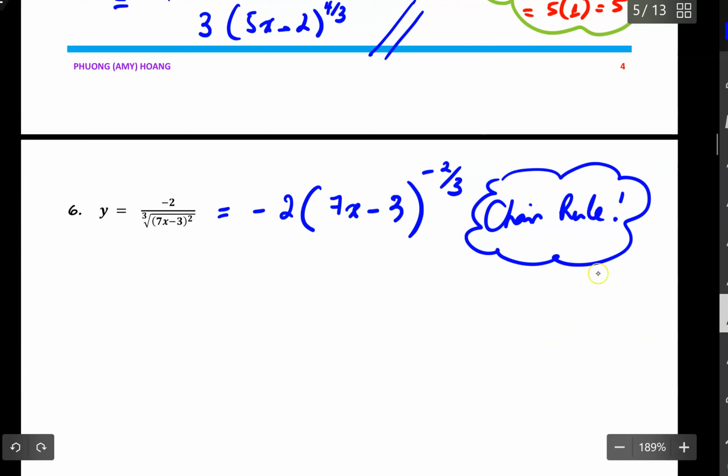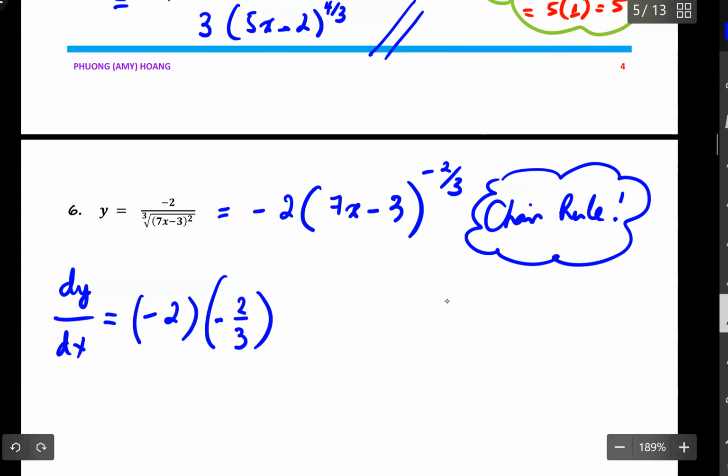So this step is actually quite crucial in working with the derivative. So now dy over dx will be equal to minus 2. I take the exponent multiplied by this coefficient negative 2. Immediately after, I take 1 away from the exponent.